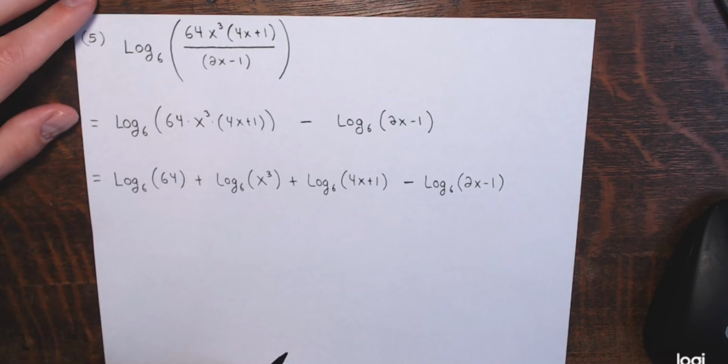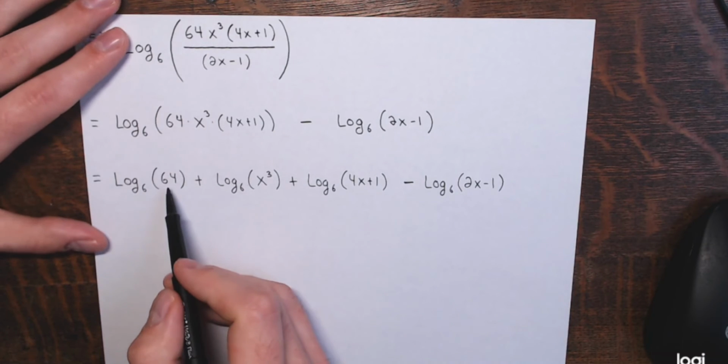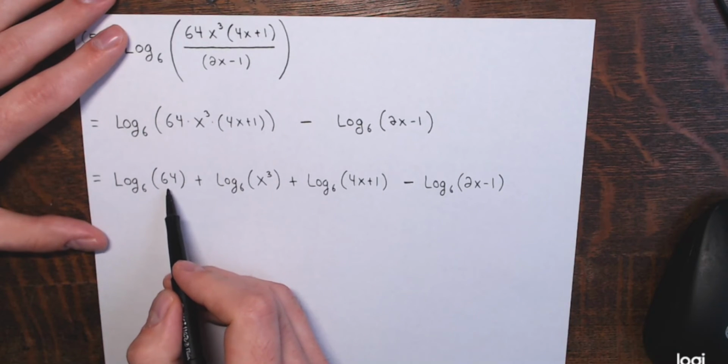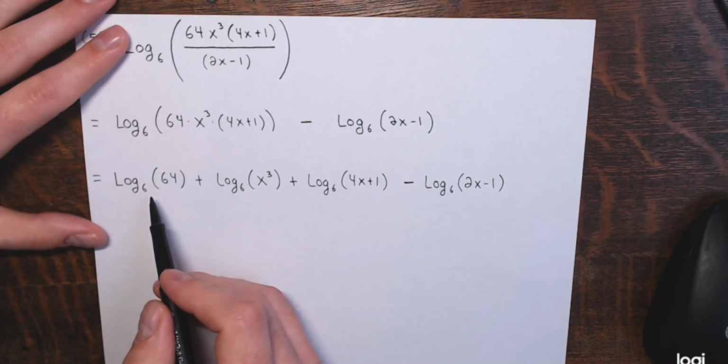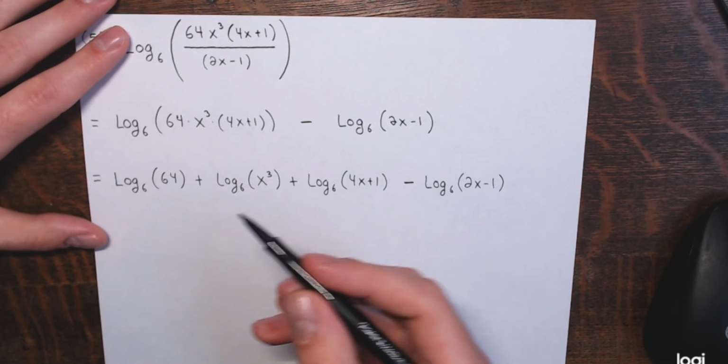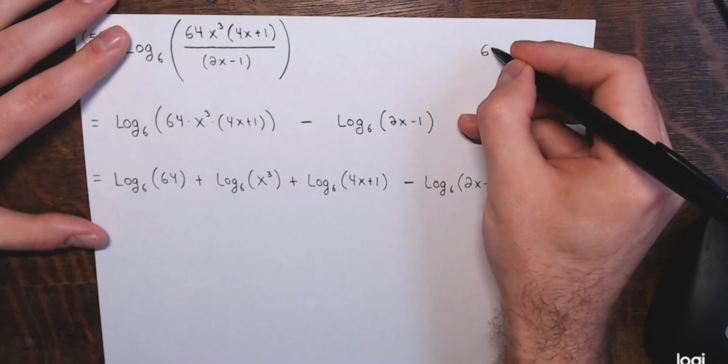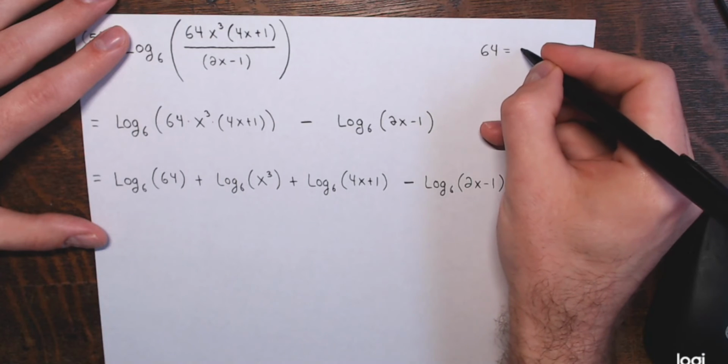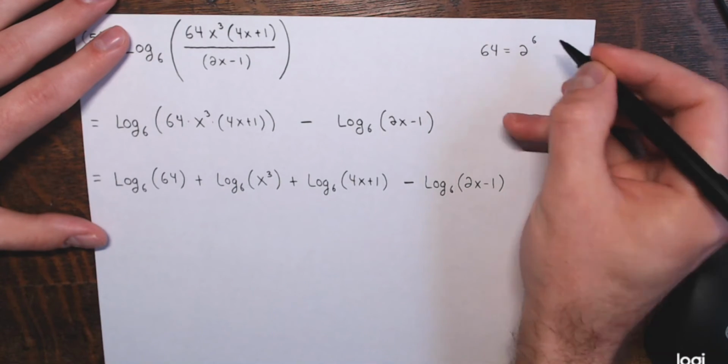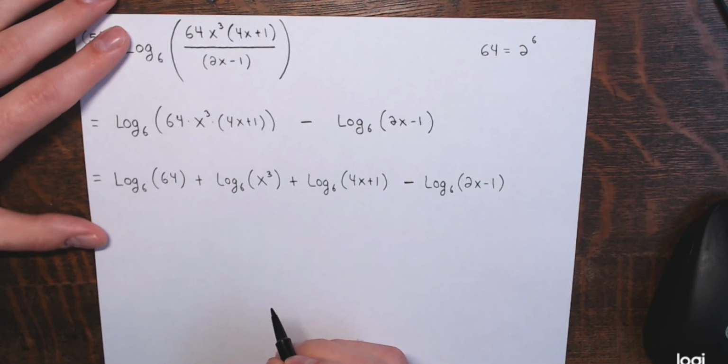Now, 64, usually when there's just a number inside a logarithm, you can leave it and that's totally fine. But 64 is actually a nice power of 2. It's 2 to the 6th power. That's 64.